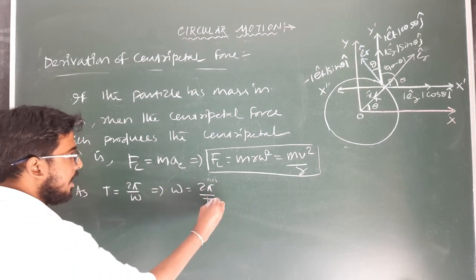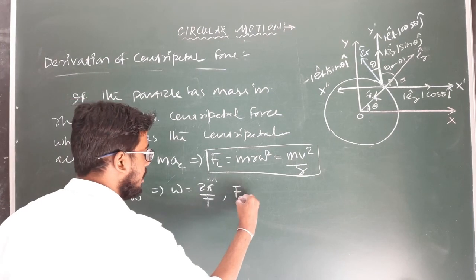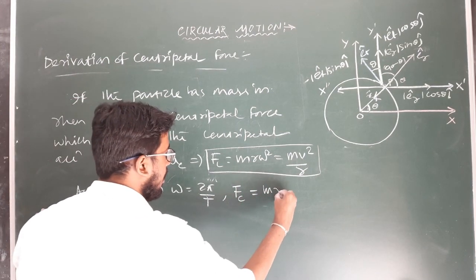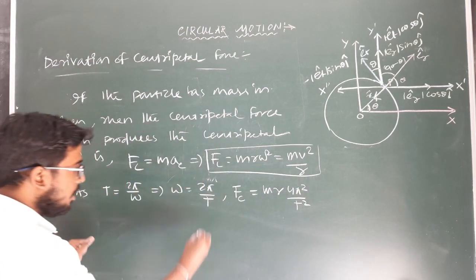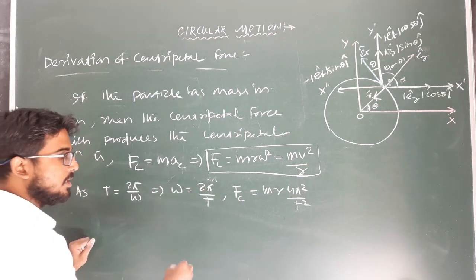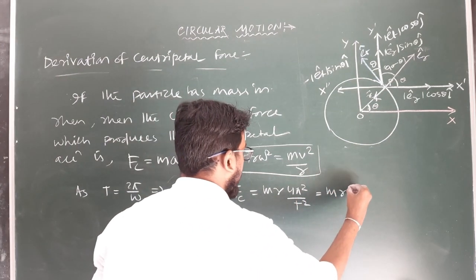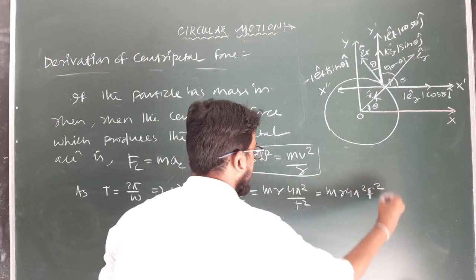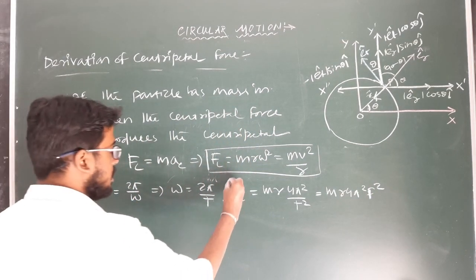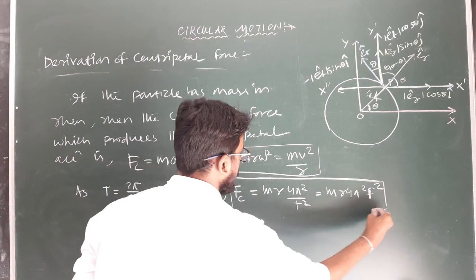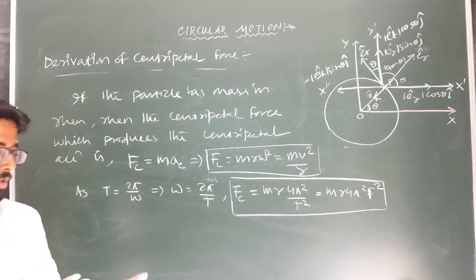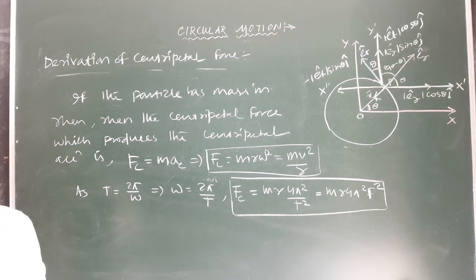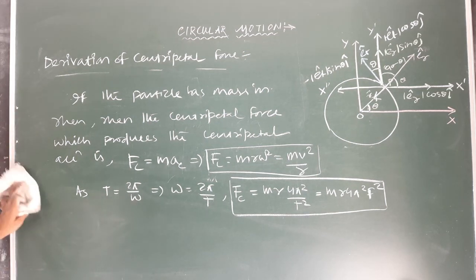So putting the value of omega in this relation, we will also get the centripetal force equal to m r, in place of omega square I can write 4 pi square by T square, and we already know the reciprocal of time period is frequency, so this can also be written as m r 4 pi square f square. Clear? So this is also the expression for centripetal force. Clear? You have to remember these formulas for solving numericals. So what is centripetal force? It is the force which produces centripetal acceleration to perform a circular motion. Clear?